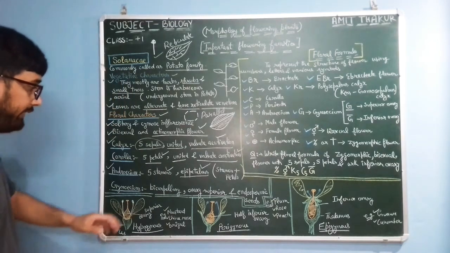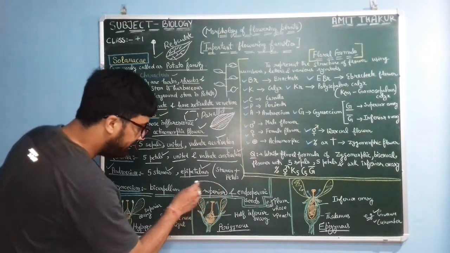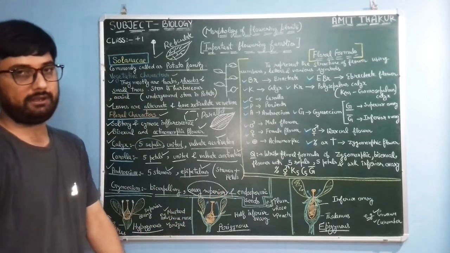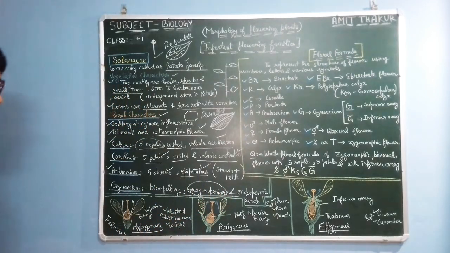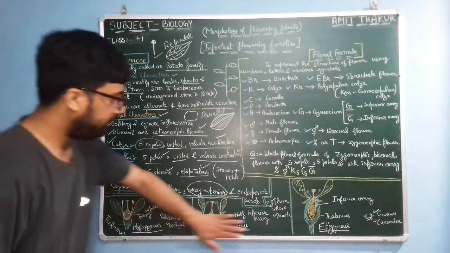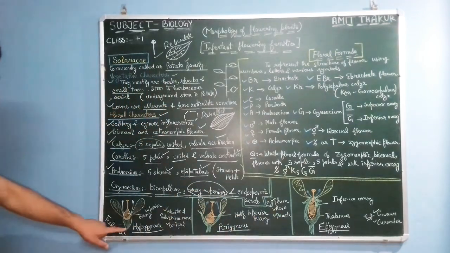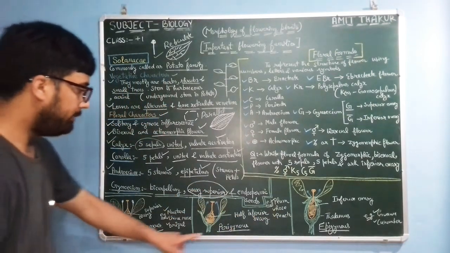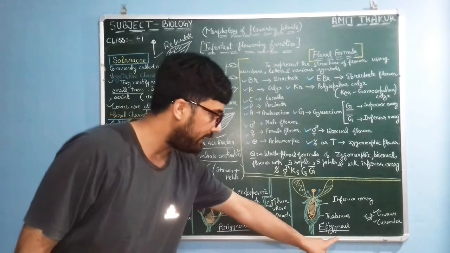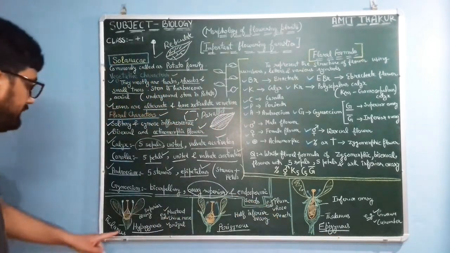Now when we talk about ovary superior, ovary inferior or half inferior, these are the flowers: hypogynous flower, perigynous flower, and epigynous flower.